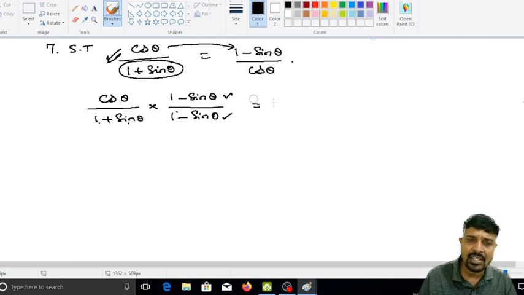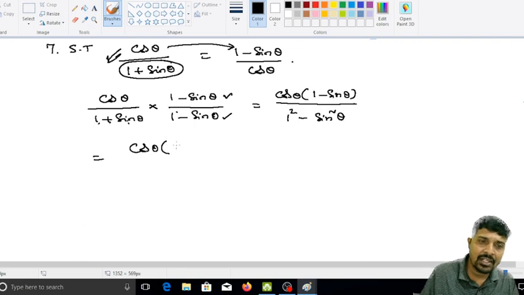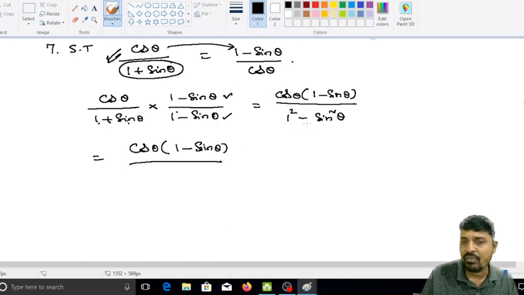So tell me the next step. Numerator into numerator, that is cos theta times 1 minus sin theta over, see, look at the denominator. This is in the form of a plus b times a minus b, that is a square minus b square. See, the numerator is cos theta times 1 minus sin theta over, denominator is 1 minus sin square theta.